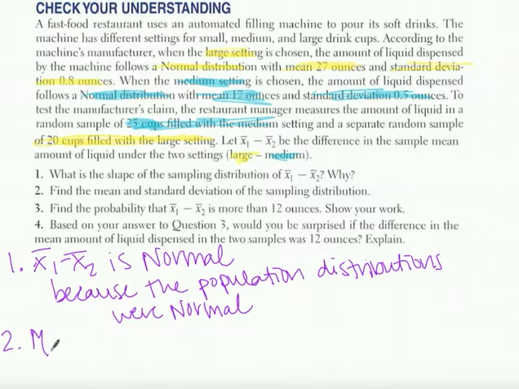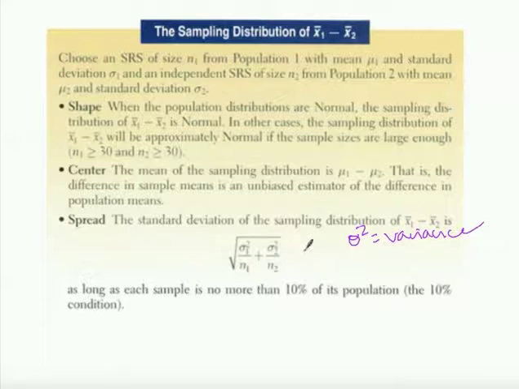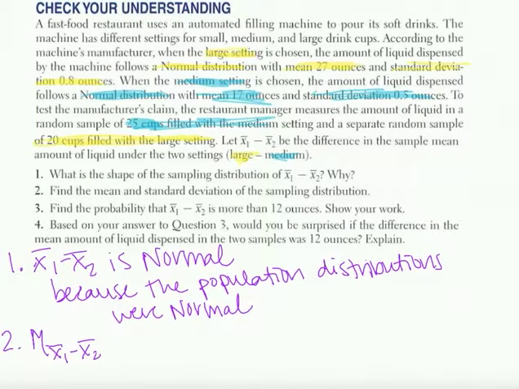Number 2 says find the mean and the standard deviation of the sampling distribution. So basically we're finding mu of x bar 1 minus x bar 2. We're going to refer back to the notes we covered earlier, and it says the mean of the sampling distribution is mu1 minus mu2. I got this because the mean for the large setting was 27 and the mean for the medium setting was 17.